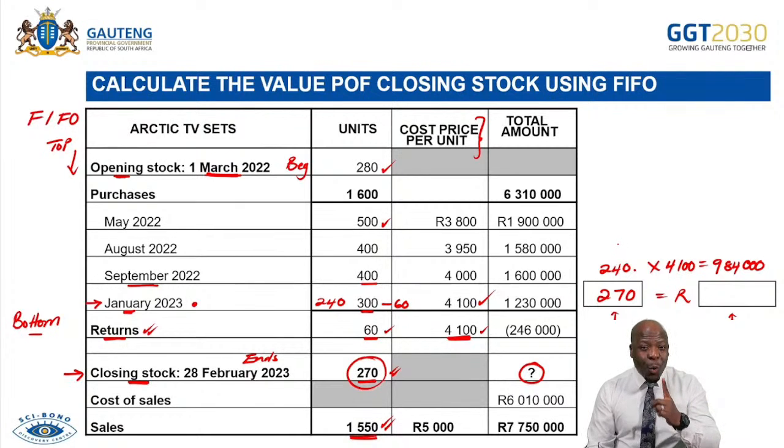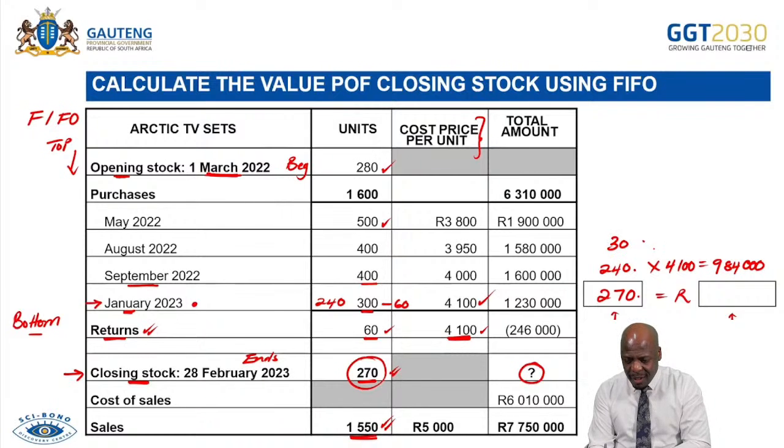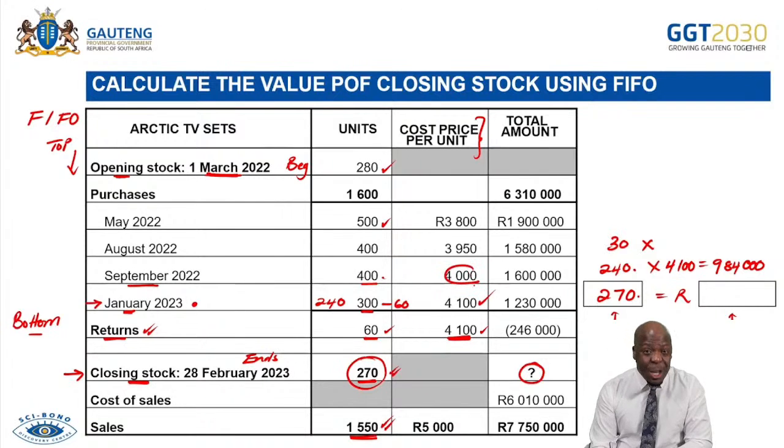Which units were not sold? 270 minus 240, I get 30. Not 30,000, just 30 units. Then those 30 units in September, what is their value per unit?